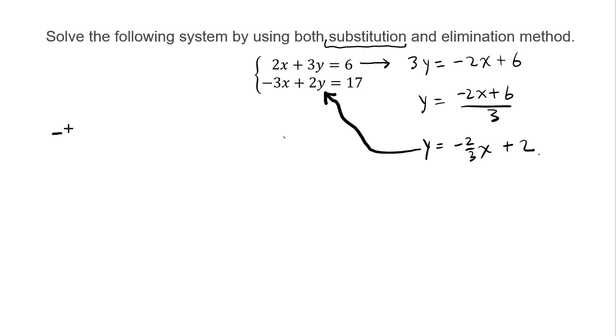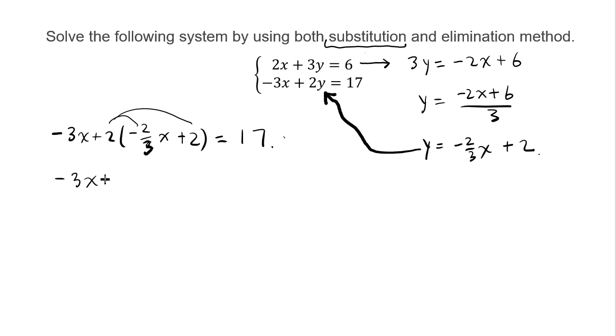What do we get? We get negative 3x plus 2 times negative 2/3 x plus 2 equals 17. I can multiply this, distribute. 2 times negative 2 is negative 4. 2 times 2 is positive 4.